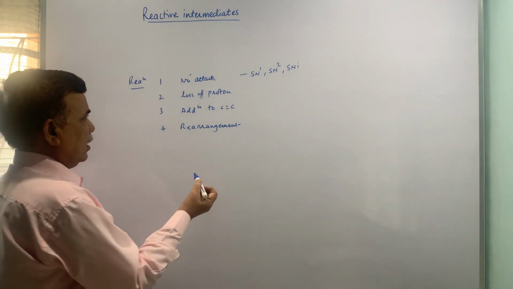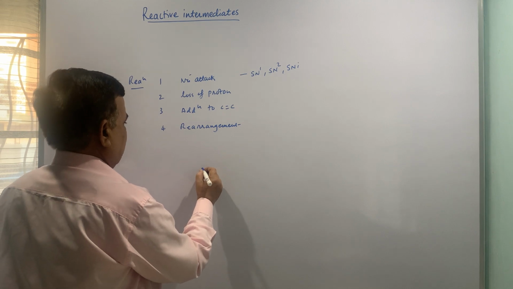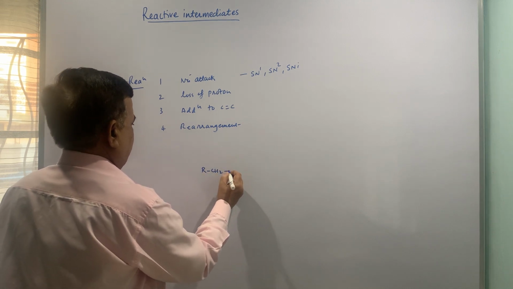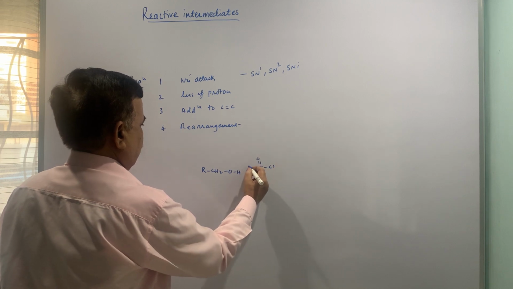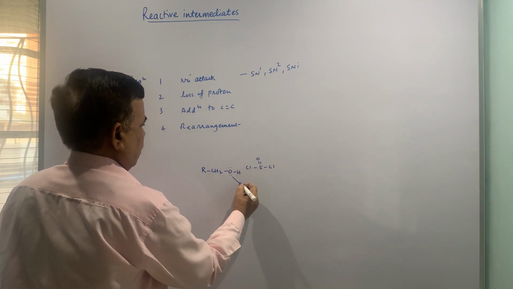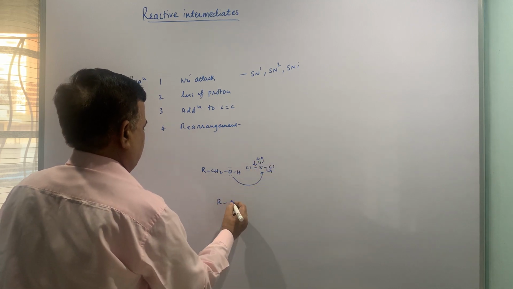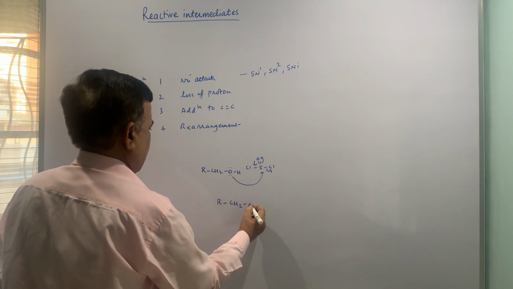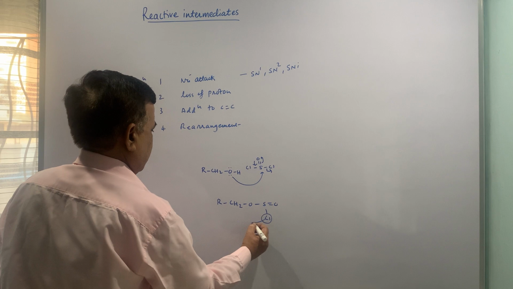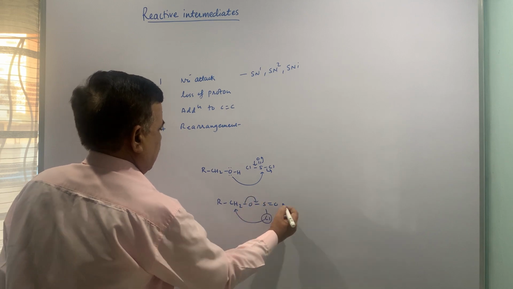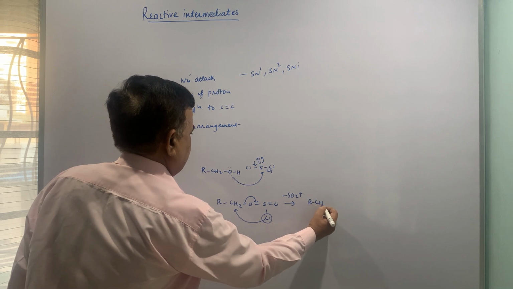So I will just put the last example, SN1, SN2 you guys know. This is thionyl chloride, SOCl2, loss of hydrochloric acid, loss of SO2, and then this becomes RCH2Cl.